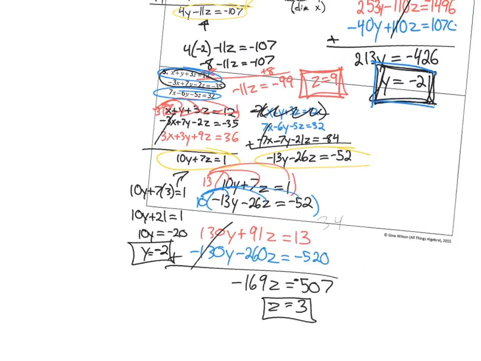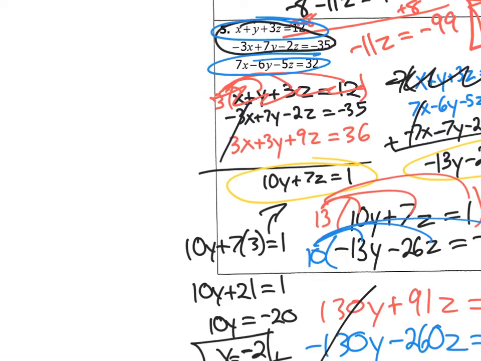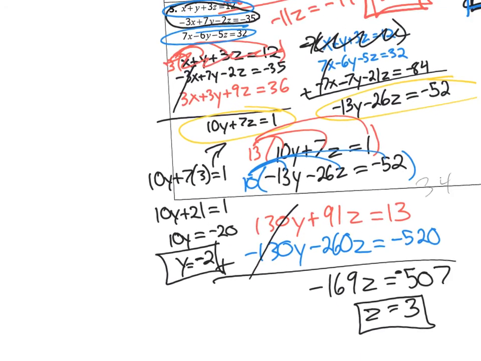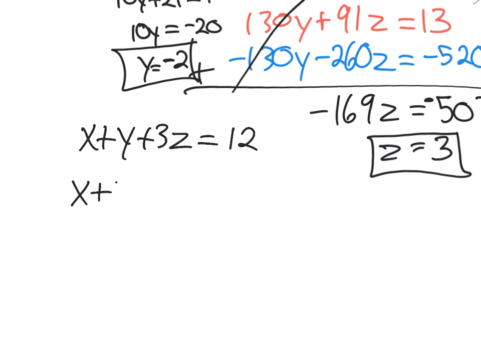Now I just put it back into one of the original equations, which is all kind of messed up right now. But let's pick this first equation, because the first equation is actually pretty nice. So the first equation was x plus y plus 3z equals 12. So I'm going to put in, we still don't know x, but I know y is negative 2, and I know z is 3.